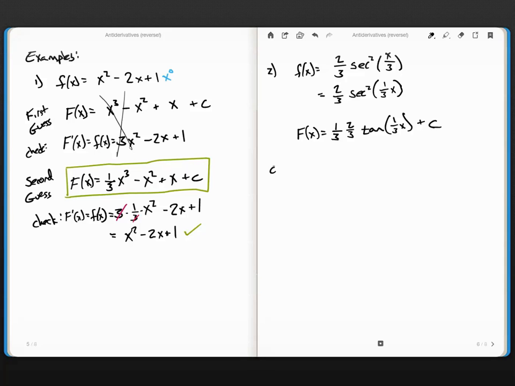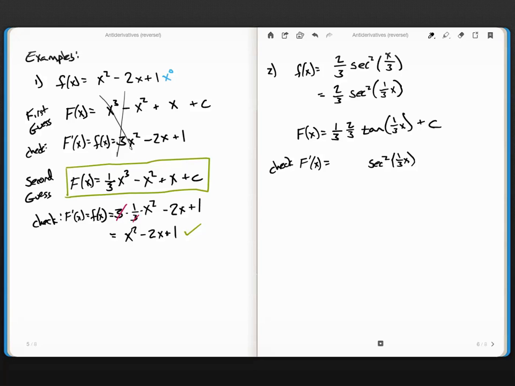Yeah, let's check that. So f prime of x is going to be, well, it's secant squared. We know that much of it. Of 1/3 of x. And that's going to go away, so I can get rid of that.